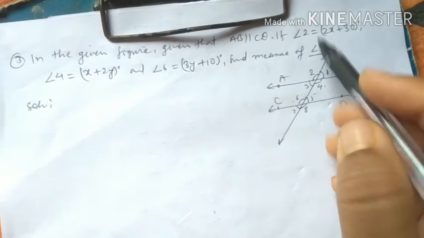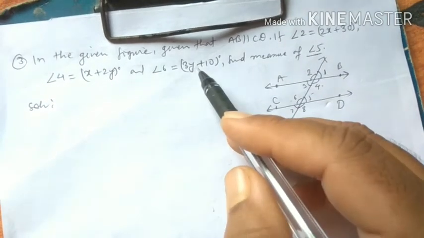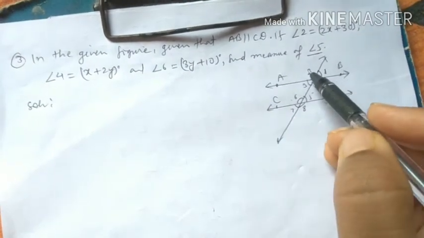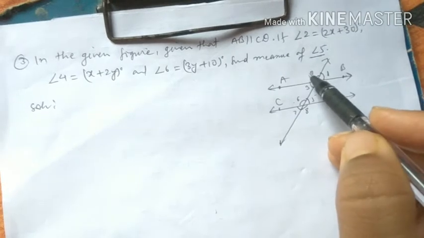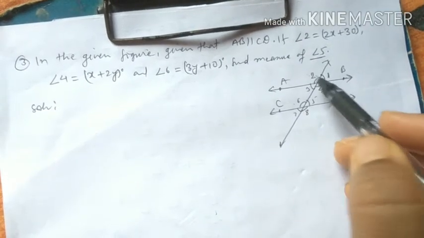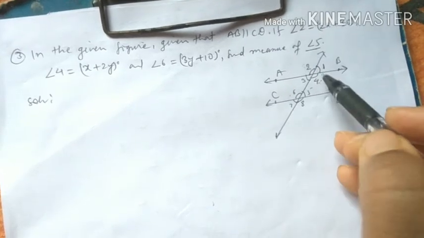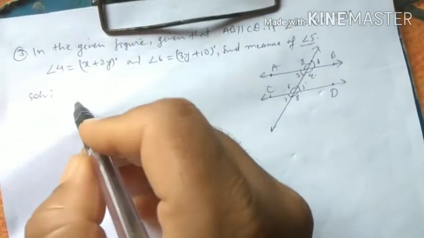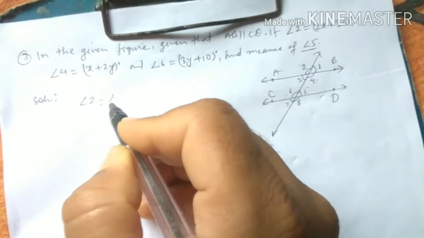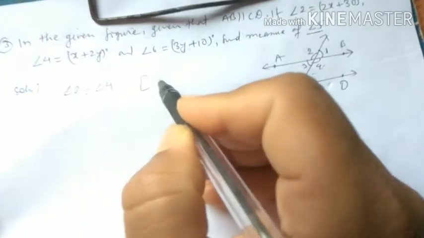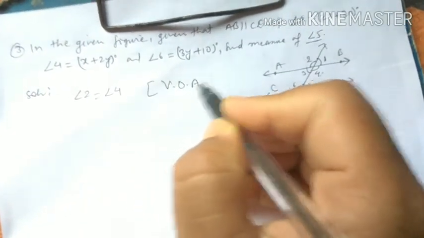Here angles 2, 4 and 6 are given, and 2 and 4 are vertically opposite angles. That means these angles must be equal. So we write angle 2 equals angle 4. The reason is vertically opposite angles.